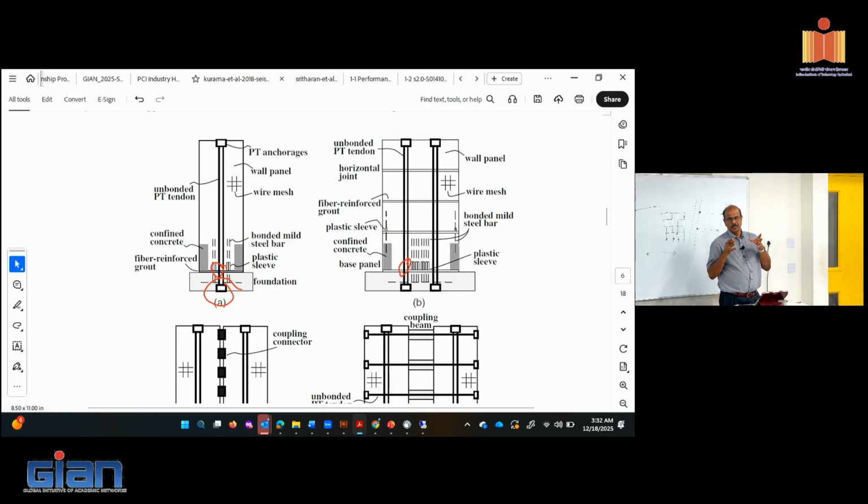In precast now, with the jointed concept, they basically rock at the foundation, so the impact to the elements over the height is actually not as long as what you would see in a typical cast in place. So you need to have some confined region here to take the impact, but they're not that significant.